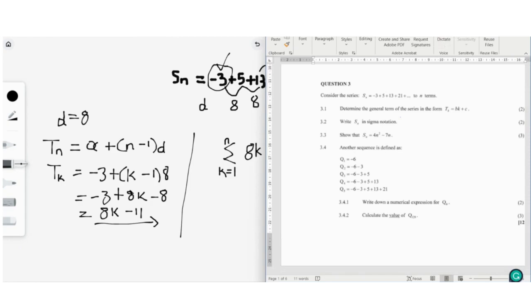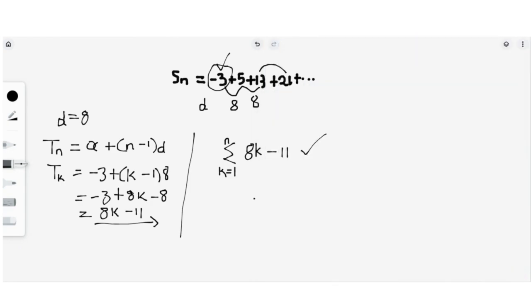All right, the sum. Let's get the sum of an arithmetic sequence Sn. The formula is n over 2 into (2a plus (n minus 1) times d).